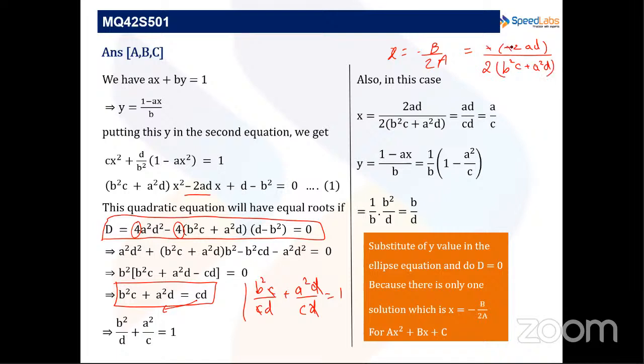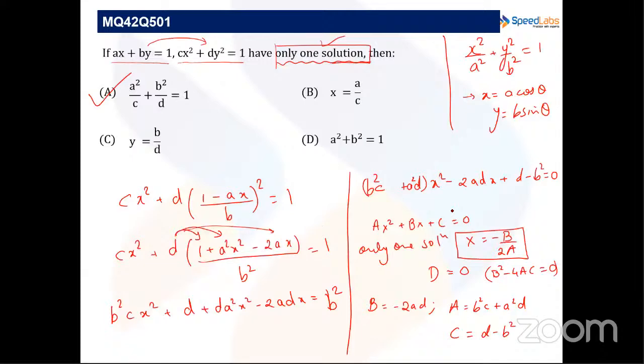The negative sign will get cancelled out, 2 will get cancelled out, and we already have b square c plus a square d equals cd. Substituting this value, we get x equals ad upon cd. So x will be equal to a by c. So x equals a by c is our option B.